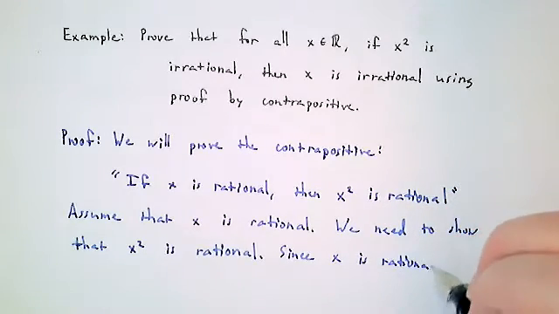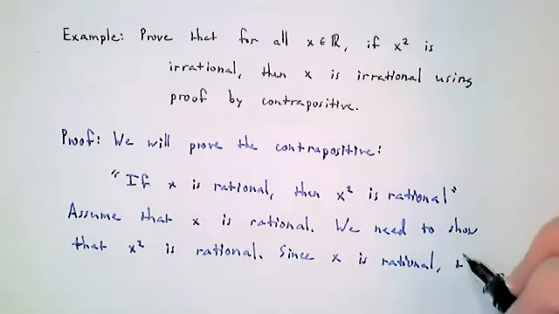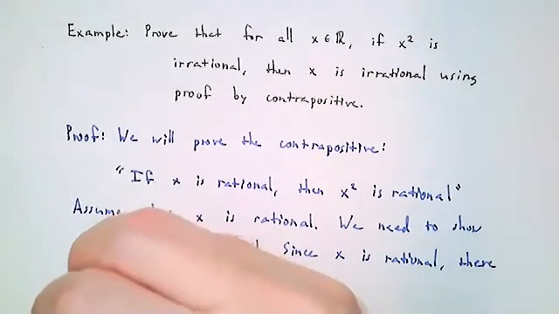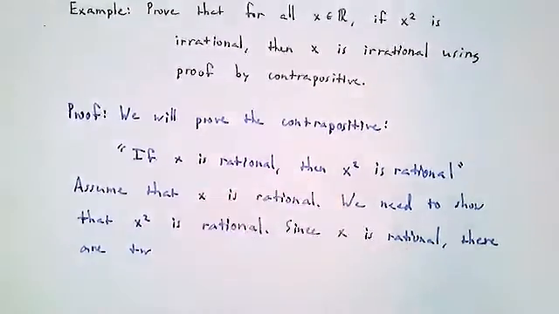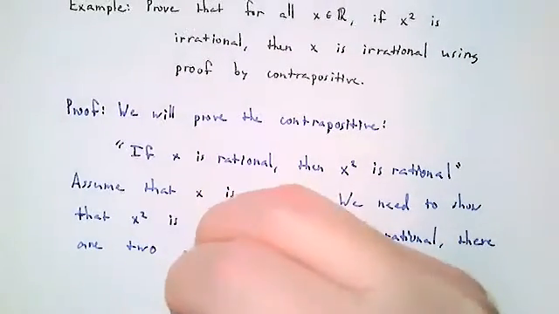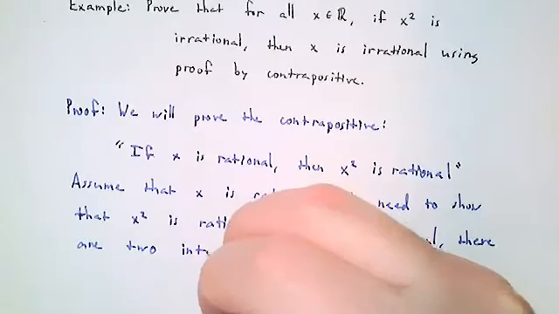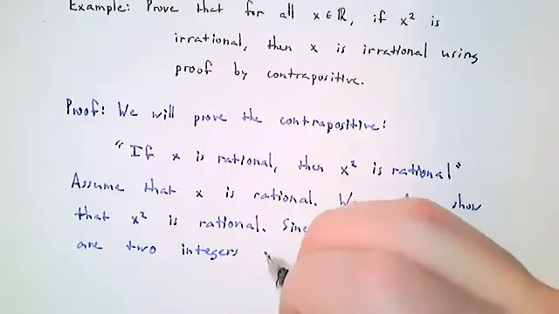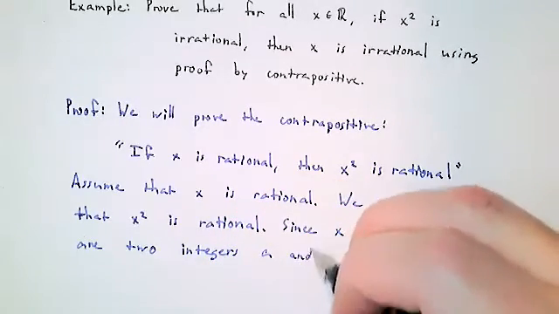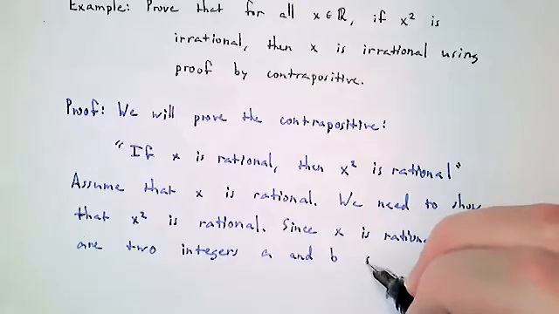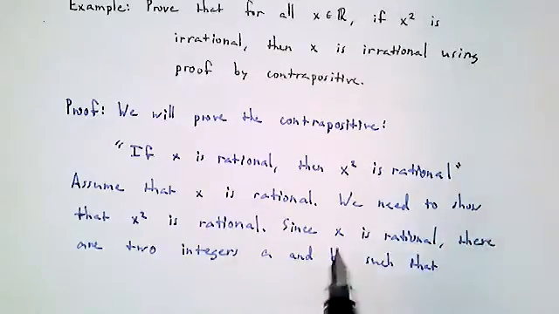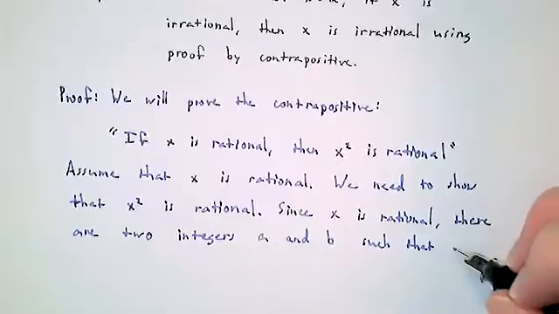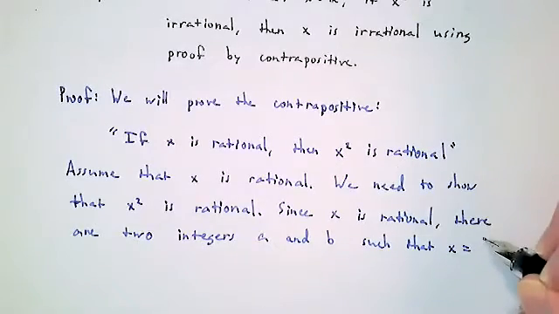It means there are two integers, let's call them a and b, such that x is the fraction a over b.